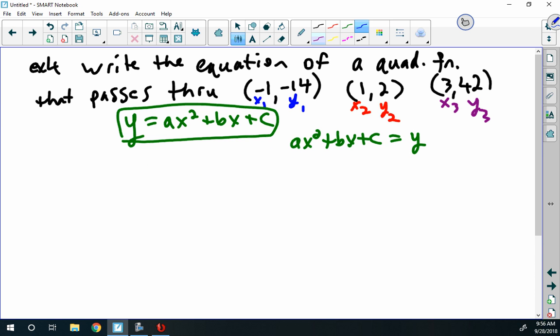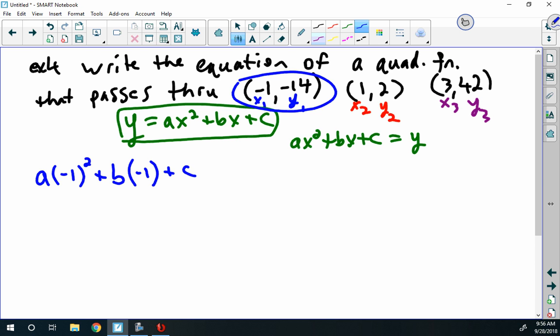So what I'm going to do is take this first ordered pair and write an equation with that. So A, I don't know what A is. I do know what x is. What's my x in that one? -1. So A times -1 squared plus B, I don't know what B is, I got to find B, plus B times, again, I know what x is, -1. Plus C, I don't know what C is, I'm going to be finding C. And all that equals my y value, -14.